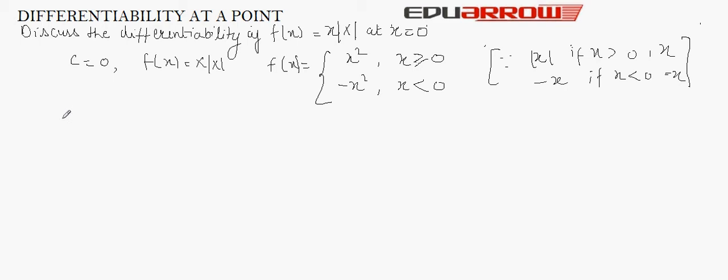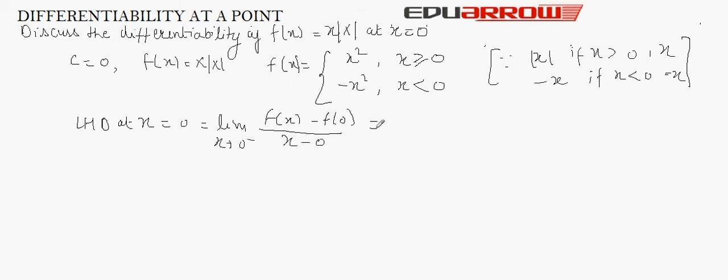Now we will find our left hand derivative and right hand derivative. Left hand derivative at x equal to 0 is equal to the limit as x tends to 0 negative of (f(x) minus f(0)) upon (x minus 0), which is the limit as x tends to 0 negative of (minus x square minus 0) upon (x minus 0).